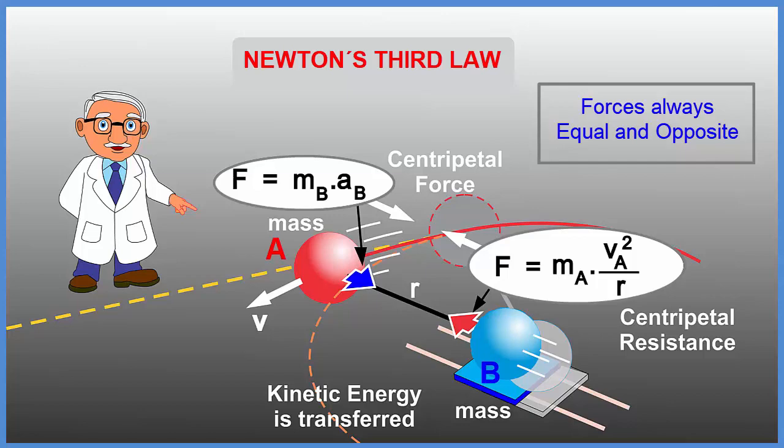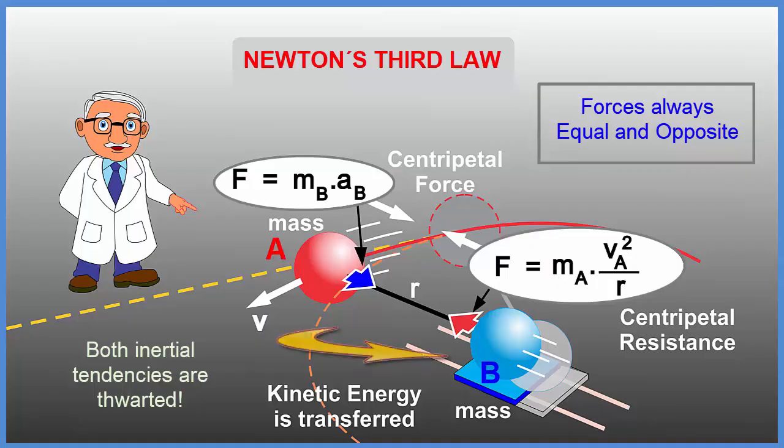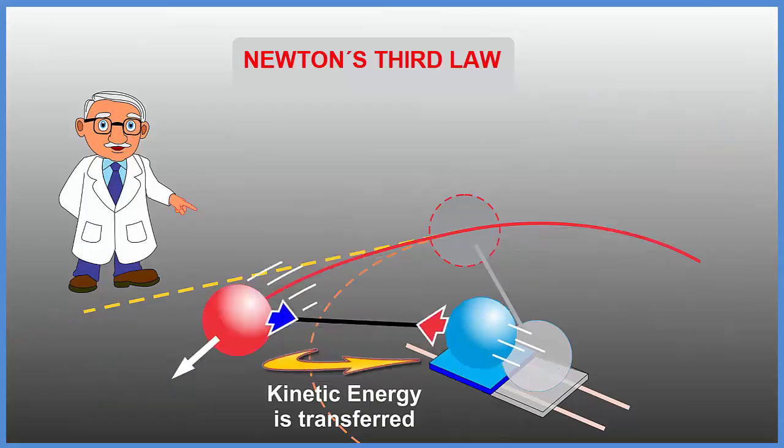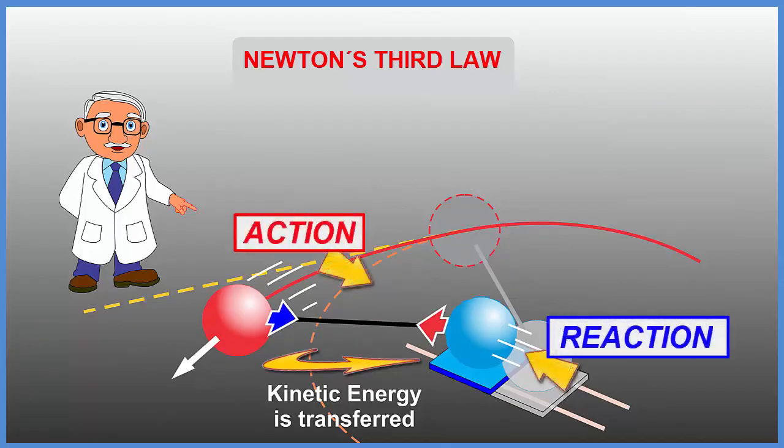As a result of this conflict, the inertial tendencies of the two bodies, stated in Newton's first law, are thwarted. In the process, the rotating body transfers kinetic energy to the central body, so that the total energy is conserved. The same can be said of momentum. Therefore, we can identify action and reaction, because the interacting bodies are accelerating in opposite directions.